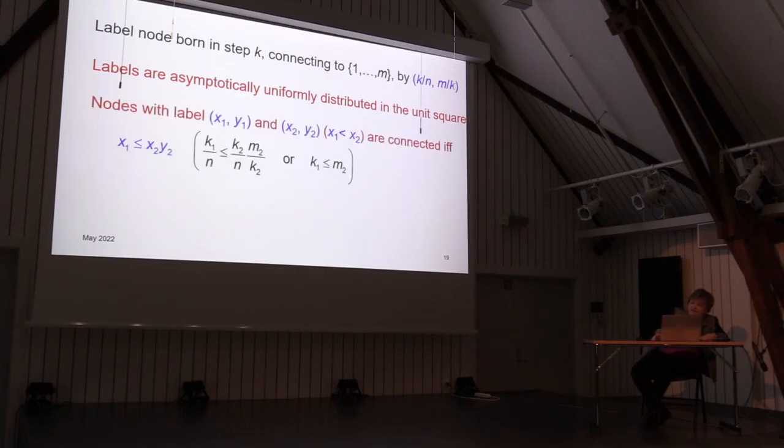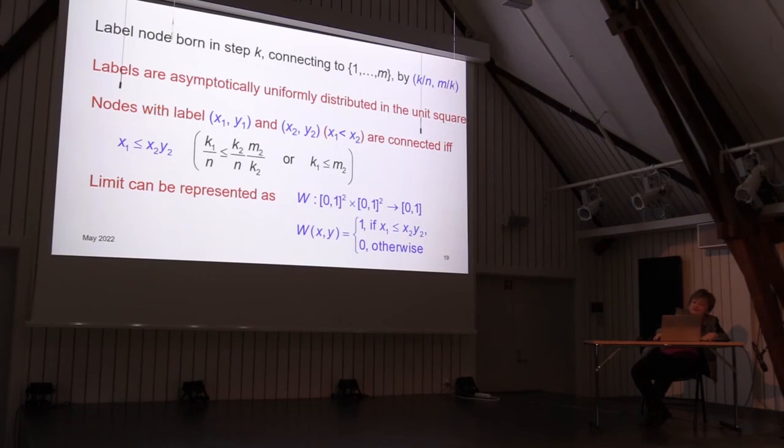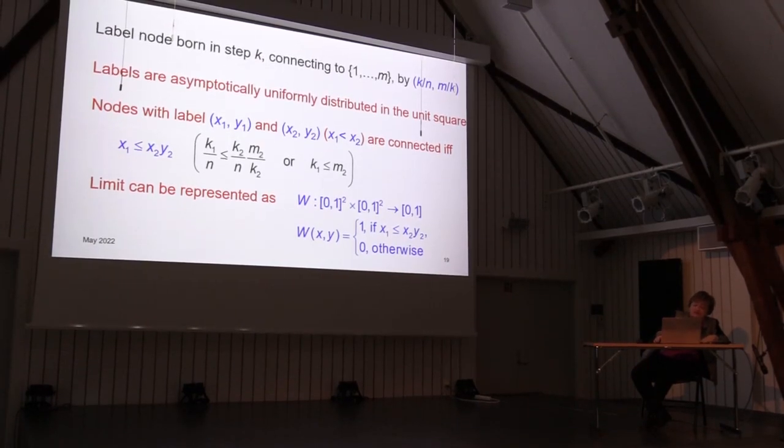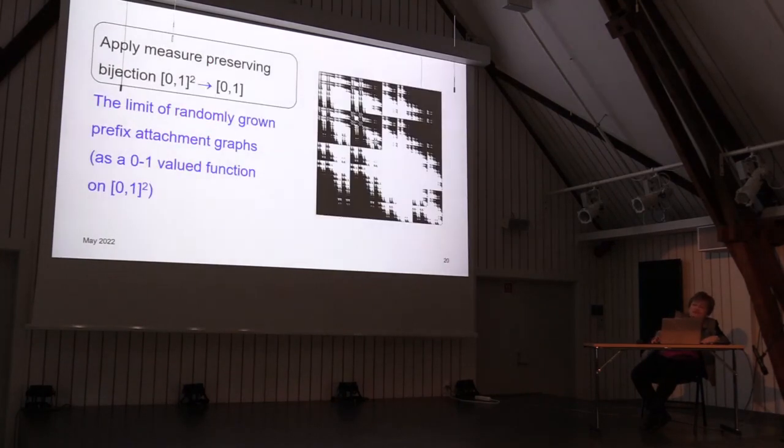We connect two points if these inequalities are fulfilled, and the limit can be represented as an appropriate graphon: it is 1 if x1 is less than or equal to x2, y2, and 0 otherwise, and it gives this beautiful picture.